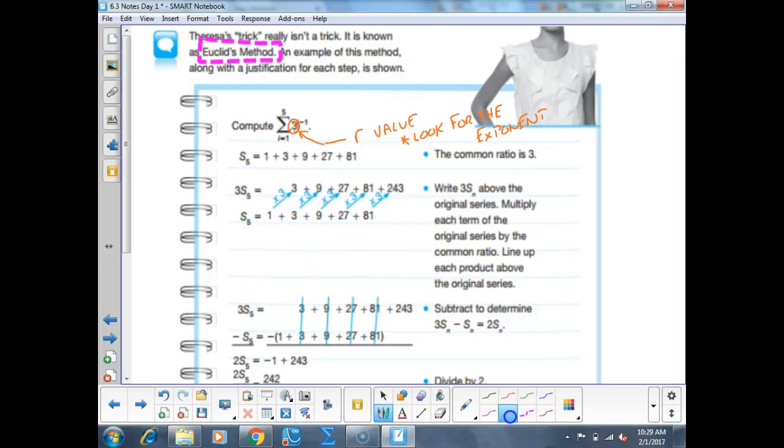That gives you your first term. To find your last term, you take the upper bound, plug it into your rule. Gives you your last term. The only difference in summation notation is your R value is going to be that number that's got the exponent on it.